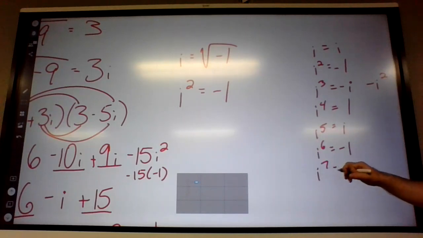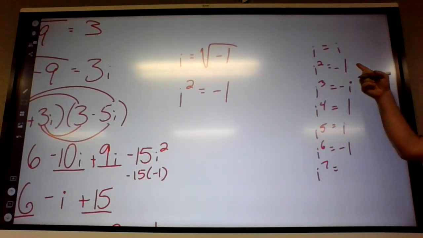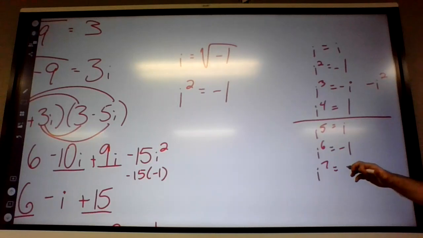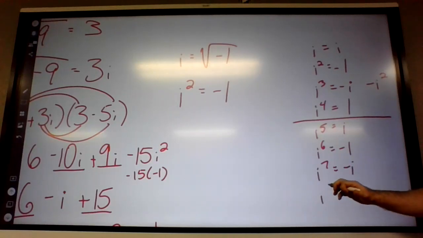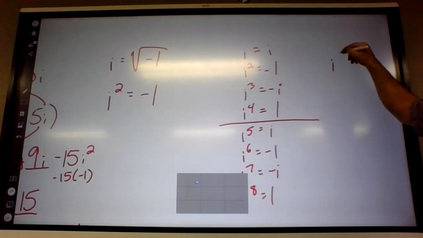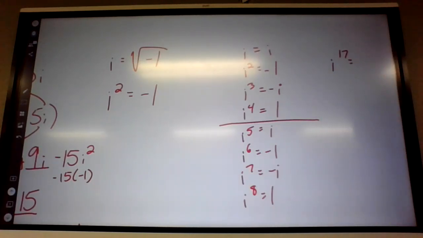Okay, are you guys seeing a pattern here? Every 4 it starts to repeat. So, if they say, what's i to the 17th? What's that going to be? Well, what you do is you figure out how many times it's going to go through the 4.